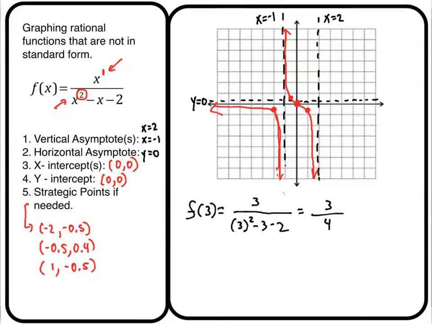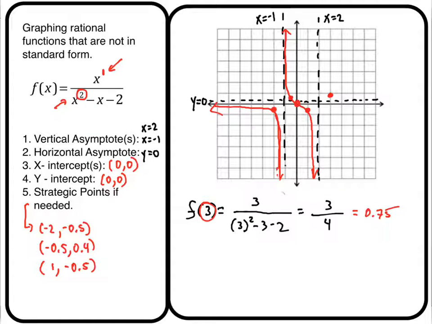Okay, so the point that I picked was x equals 3, and I did so because I know that is going to tell me where the graph is going to exist, either here or here. So when I plugged it in, I got 3 over 4, or 0.75 rather, and so that is going to give me a point right here.